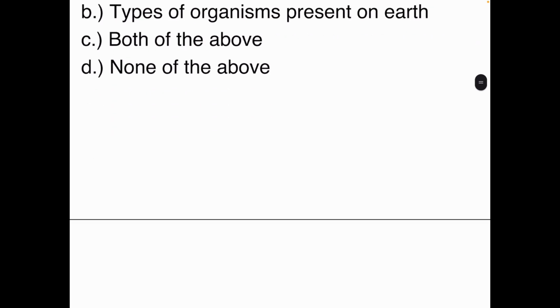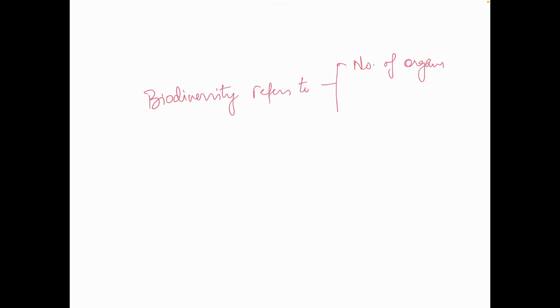Okay, coming back, this question is a direct question from NCERT. It's a direct line. The line is: biodiversity refers to both the number of organisms on earth and also the types of organisms.